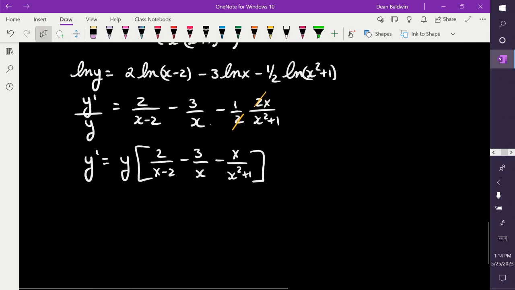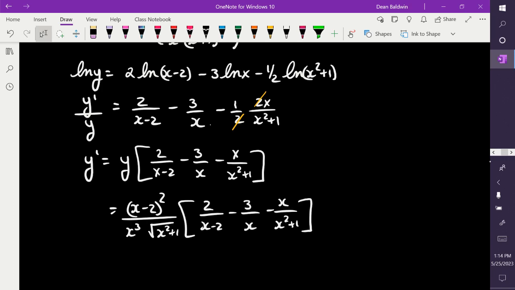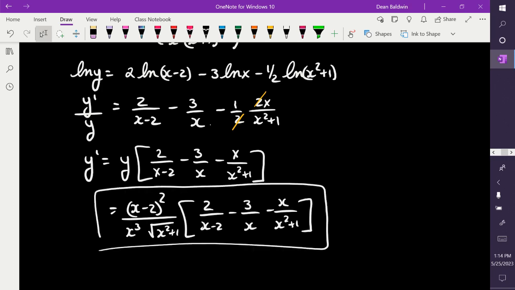So you change out the y and you go, it's (x minus 2) squared over x cubed root x squared plus 1, times all of that, because y is the initial function, right?